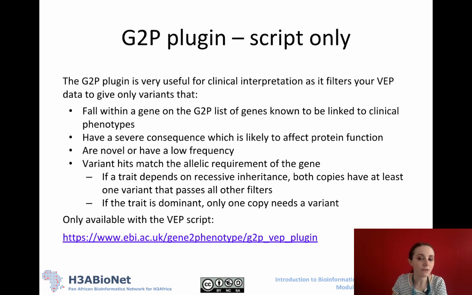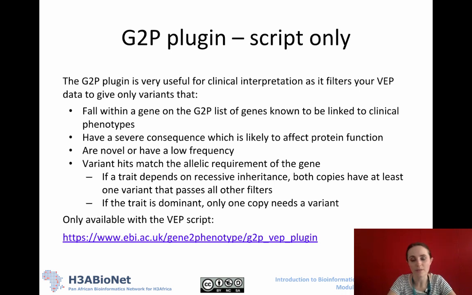And then it also looks at the allelic requirement of the gene. So if we go back to our VCF, which has the genotypes at each particular variant, you can have 1, 0, 1, 1 or 0, 0. This looks at what's known about these genes.